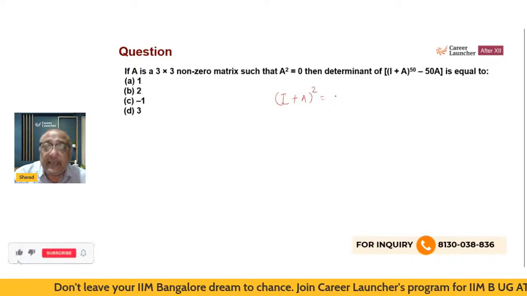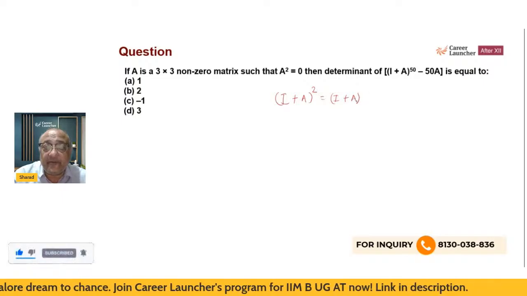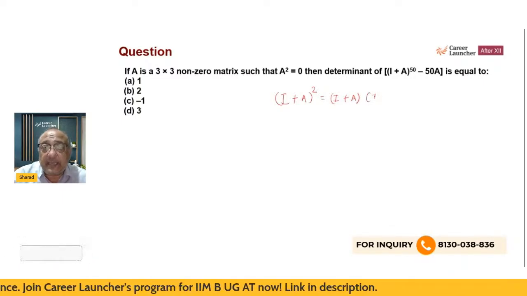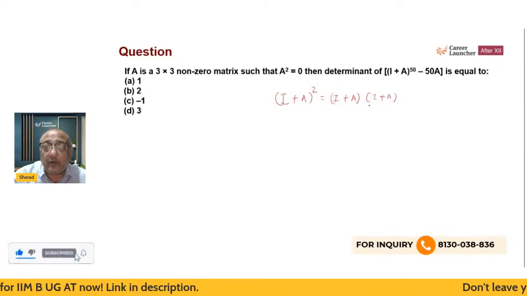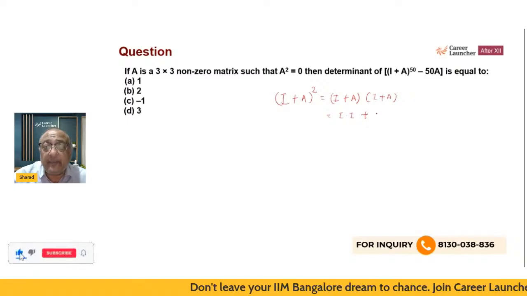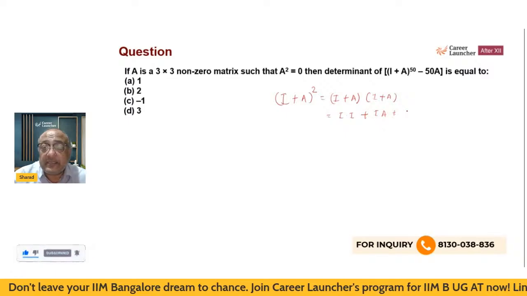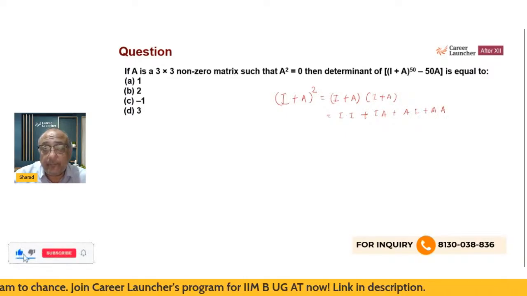So I plus A square will be nothing but, as we have done, I, the identity matrix, I plus A. That must be written here, but we have removed it. We have not put it because we know that each one of you is aware that I is an identity matrix. So multiply: I plus A into I into A plus A into I plus A into A. Right.